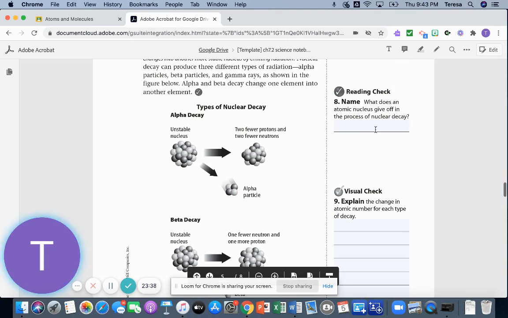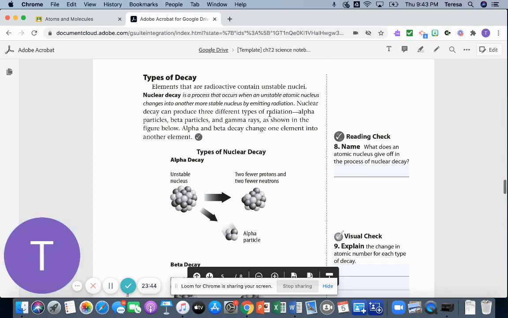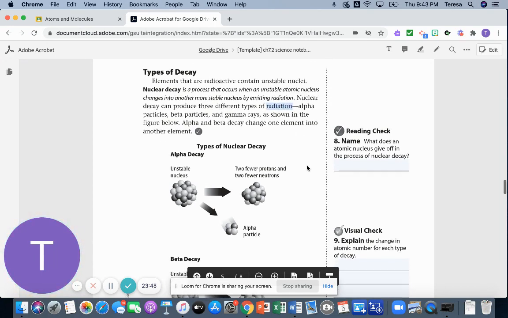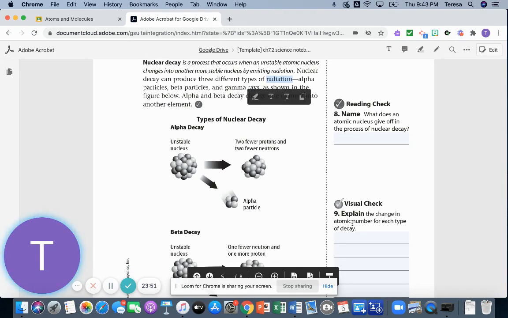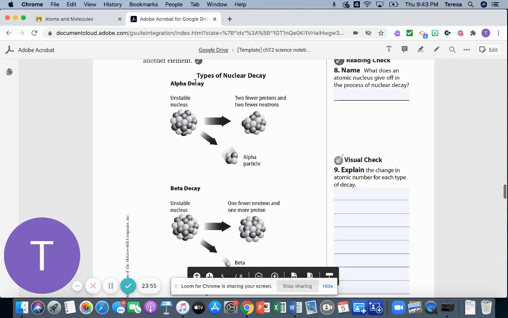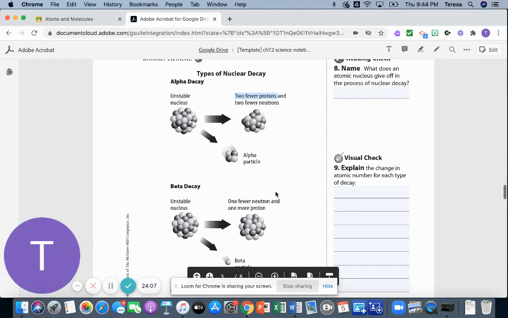Okay, so question number 8. What does an atomic nucleus give off during nuclear decay? It's going to give off some form of radiation. Explain the change in atomic number for each type of decay. In alpha decay, the atomic number is going to decrease by 2, because there are 2 fewer protons in the atom after the split.